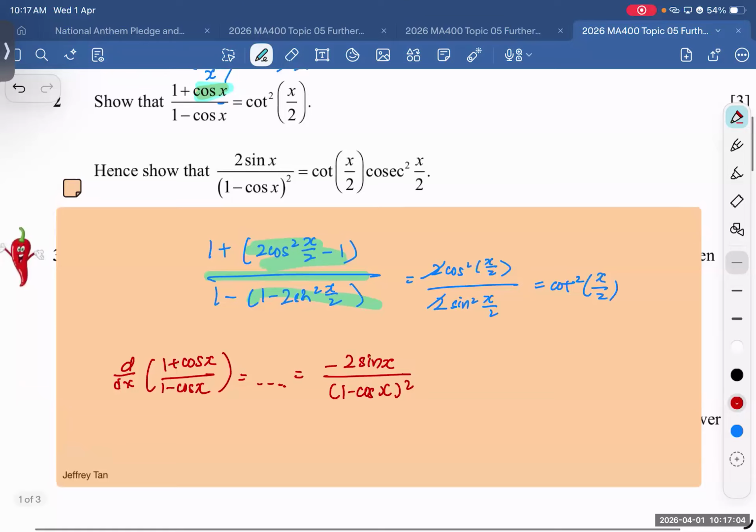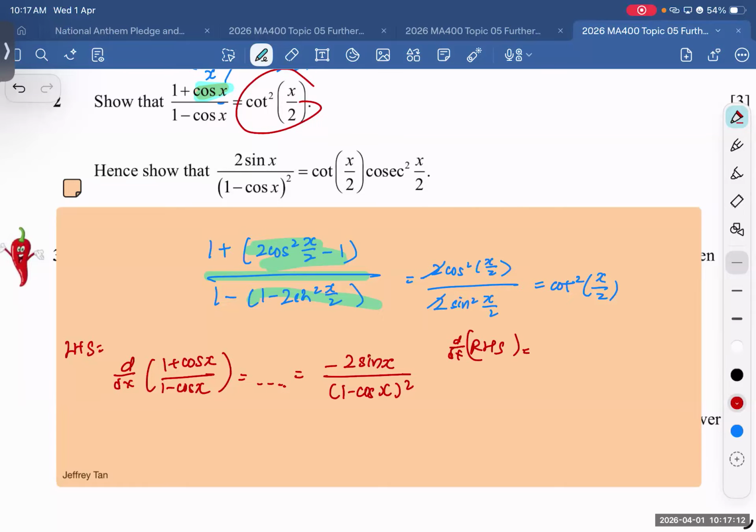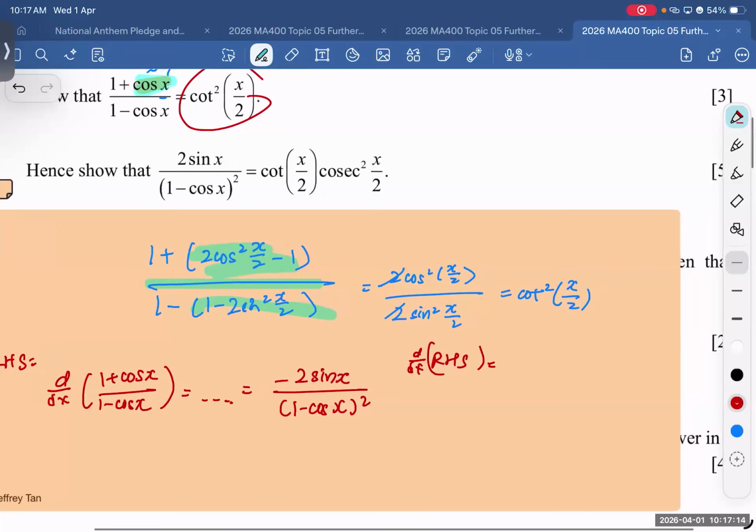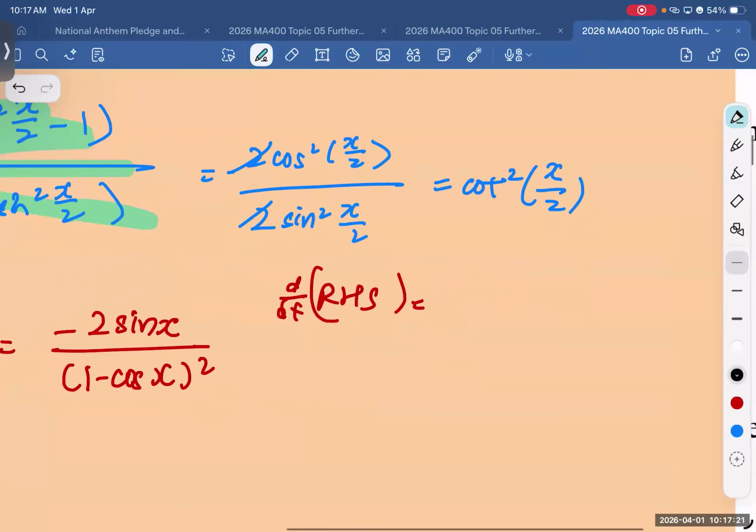The right-hand side, when you differentiate, what do you get? I think some of you have a challenge: how do I differentiate cotangent square? Differentiating cotangent, you write it this way, cotangent half x to the power of 2.